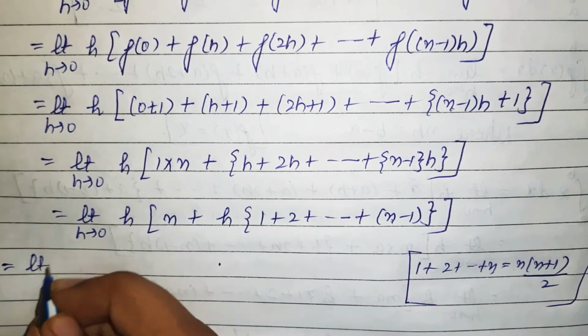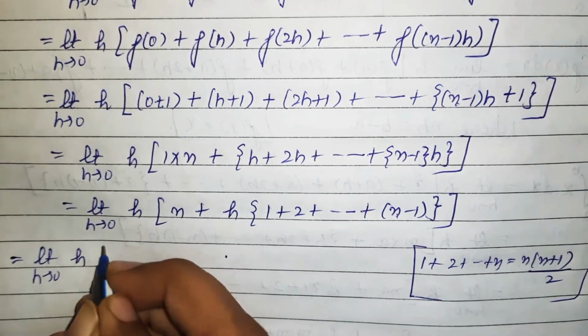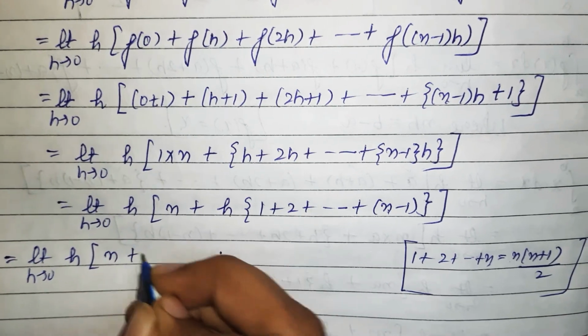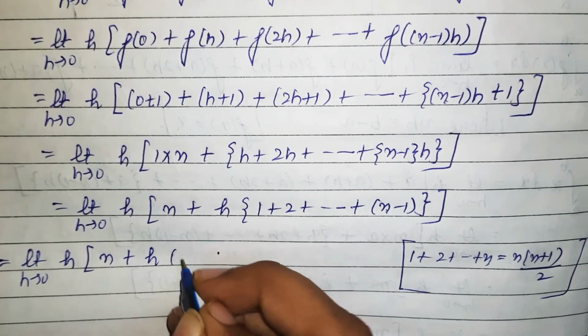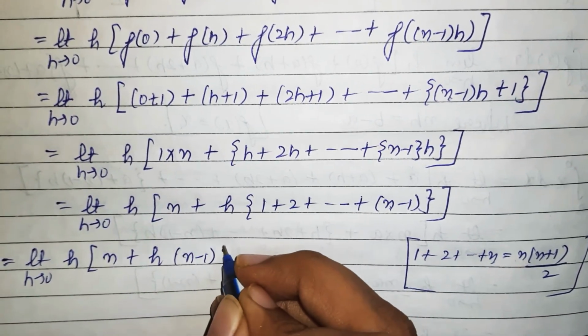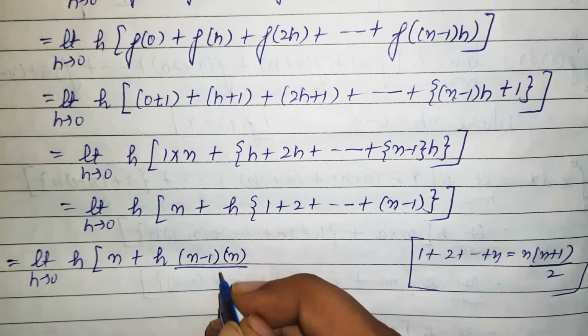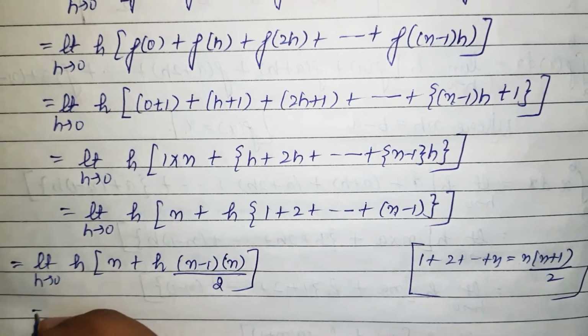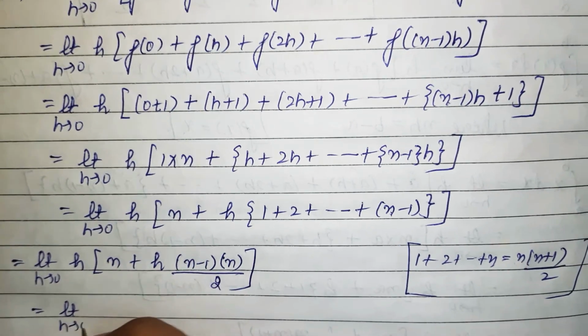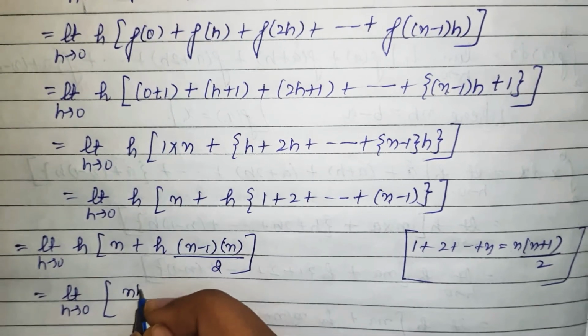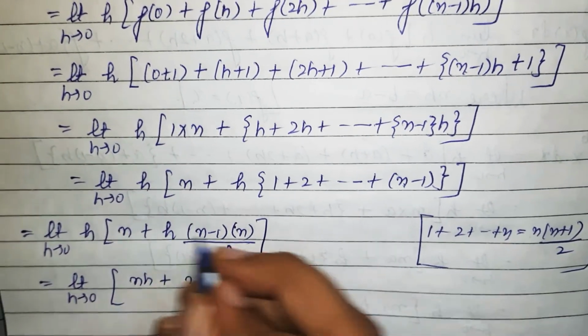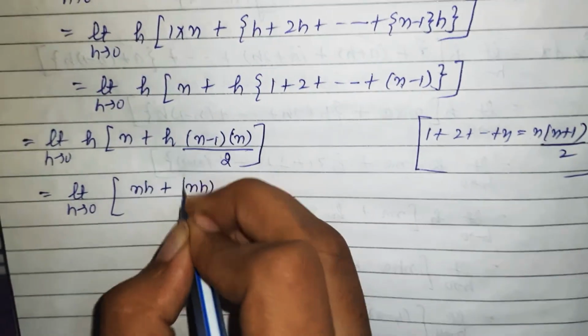So limit h tends to 0, h, n, this will become n into n minus 1 plus 1, this is n by 2. So while taking h, this will become nh. This nh you can take together because this is multiplication.